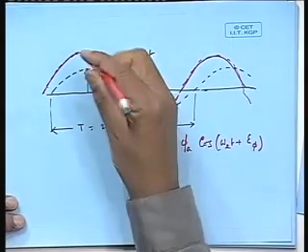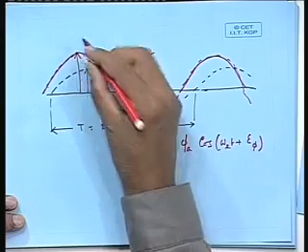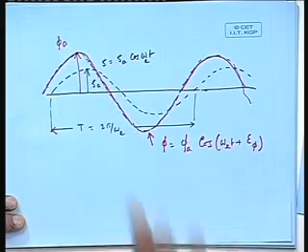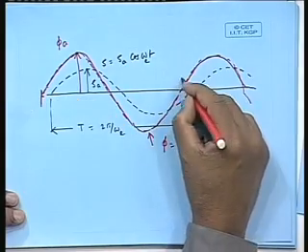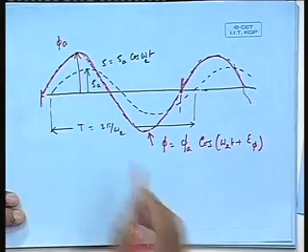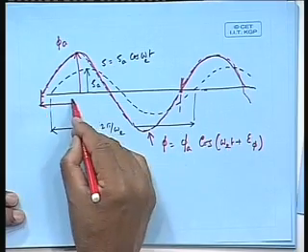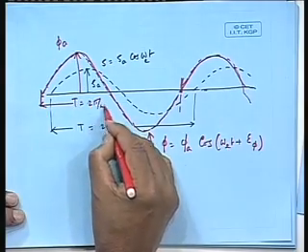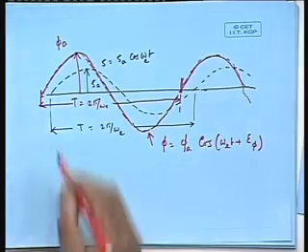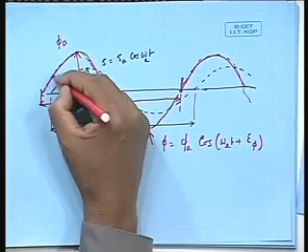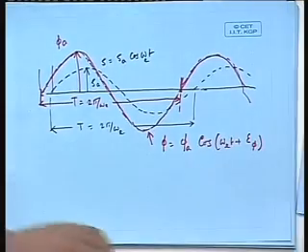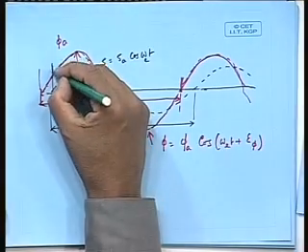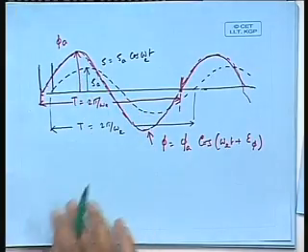First of all, this amplitude phi_a is also a sinusoidal function, and the period from here to here is the same T. But if you look carefully, there is a shift.